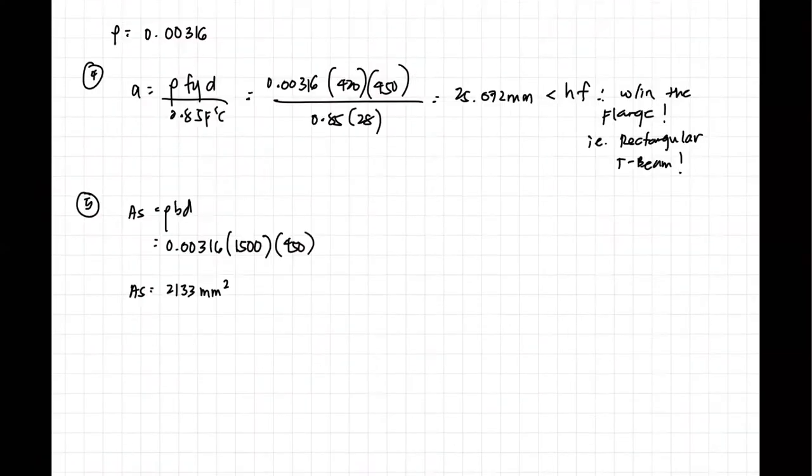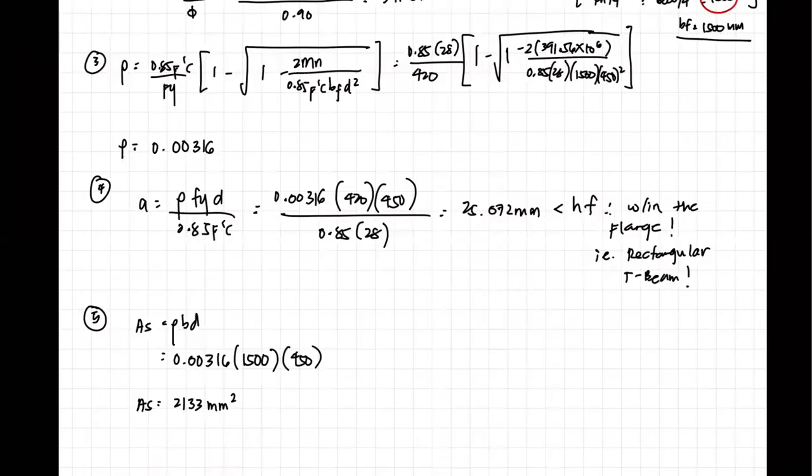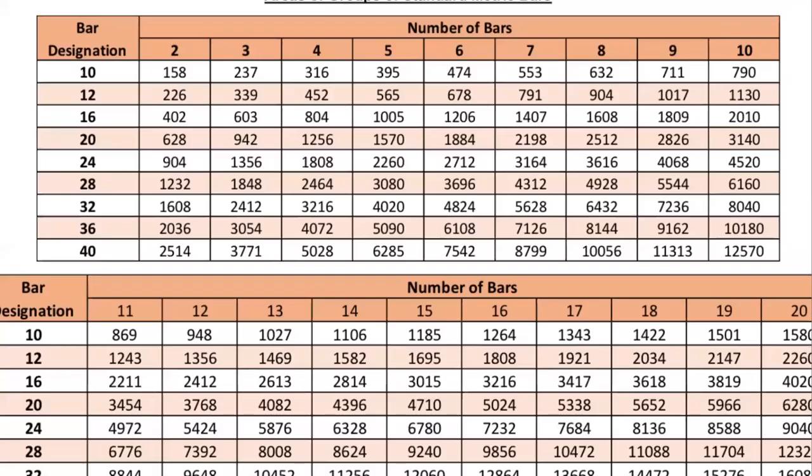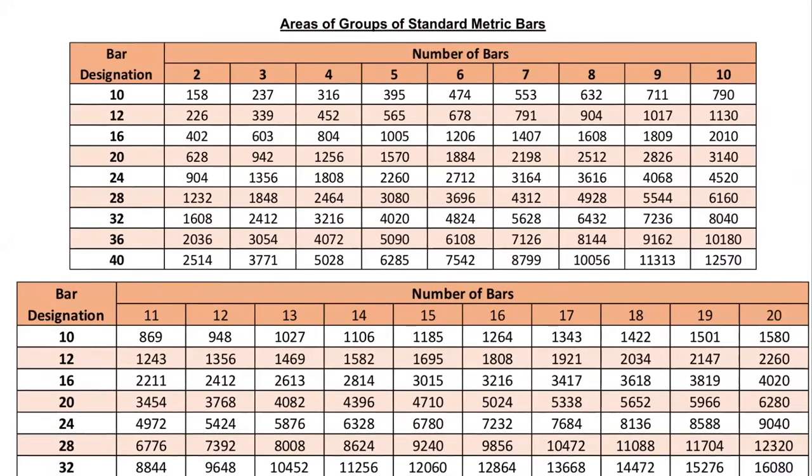So let's go dun sa 32. Let's try 32. So 32, how many pieces ni 32 ang kailangan natin? Kung 32, yan, 3 pieces. Let's try 3 pieces. 2,4,1,2 yung area niya. So pasok dun sa required area natin. 3 pieces na 32.